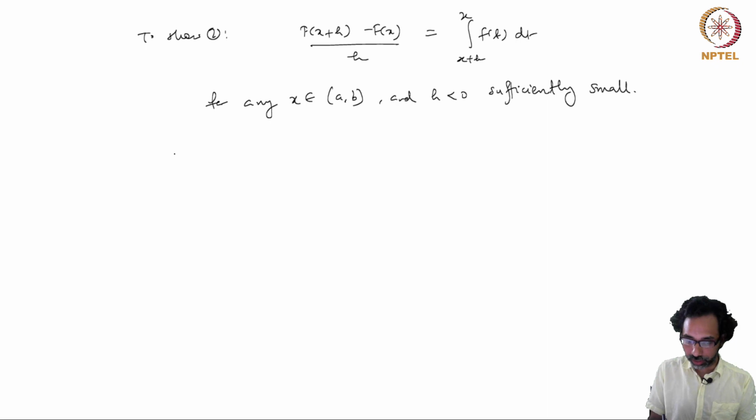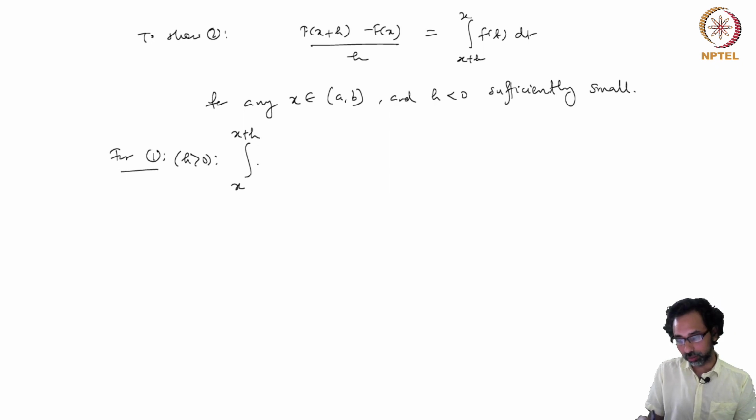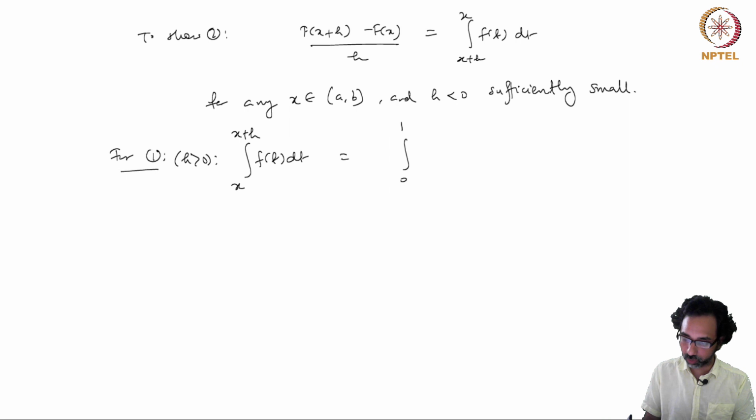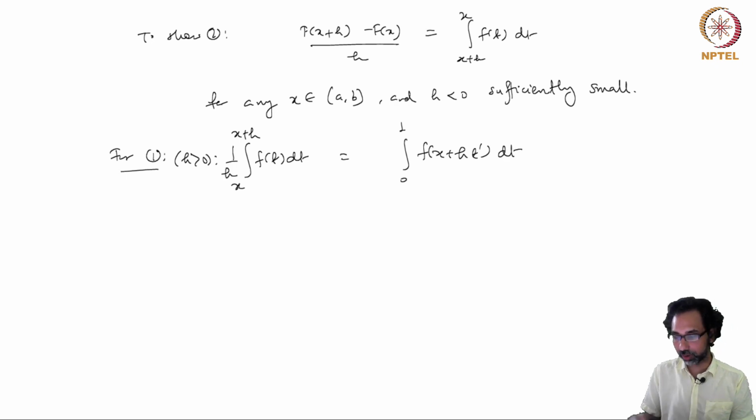So now we can rewrite the first one. For 1, remember that here h is positive. The integral from x to x+h of f(t) dt can be written as the integral from 0 to 1 of f(x + ht') dt', and even we can have a 1 over h here.